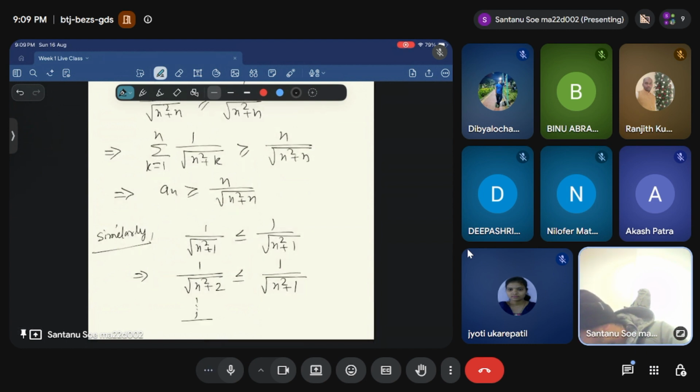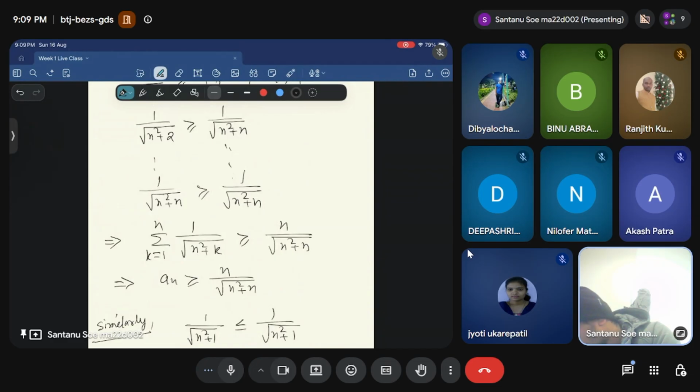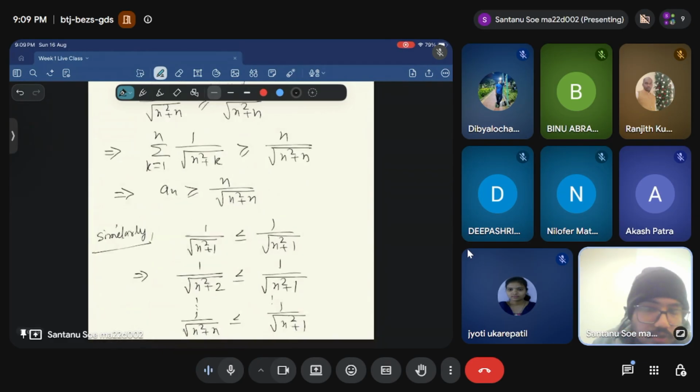Similarly, you can write n square plus n less than or equal to square root of n square plus 1, because the first term will always be the largest in that sequence. So that's why all the terms are less than or equal to the first term. And previously we showed that all the terms are greater than or equal to the last term.